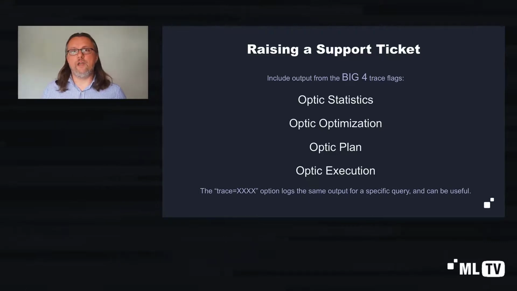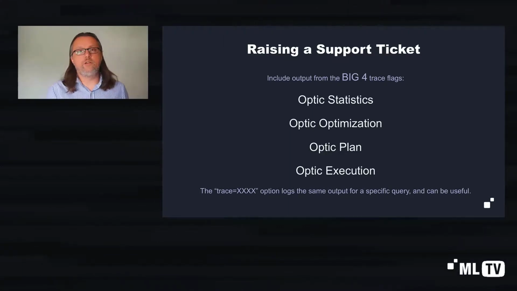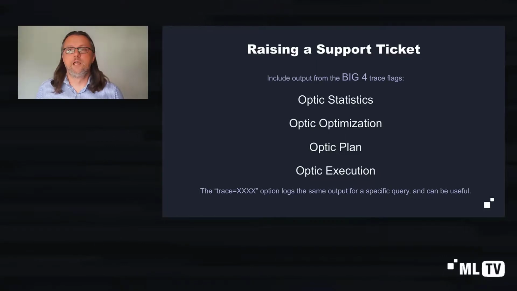And further, if you've got this far, maybe you are not quite sure what action to take on the information you've received, or you're still drawing a blank, you may need to raise a support ticket with MarkLogic support. When you do that, please be sure to include the output from the big 4 trace flags that we've just talked about: Optic Statistics, Optic Optimization, Optic Plan, and Optic Execution.